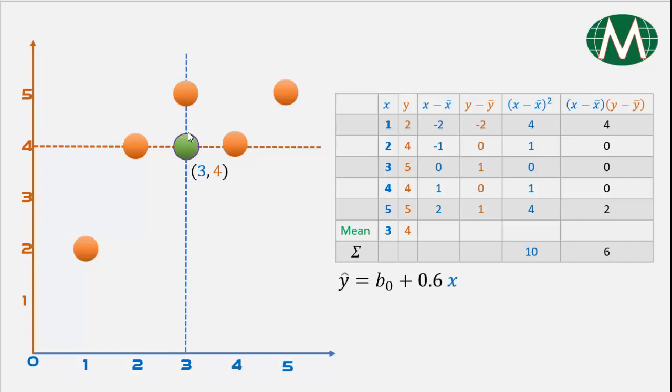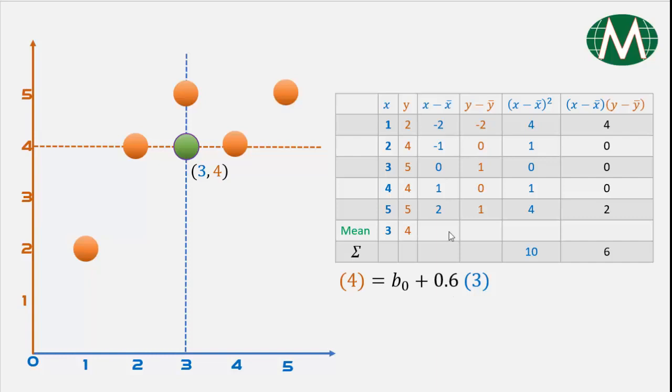As this point lies on the regression line, we can put its coordinates into this equation. The coordinate of this mean point is (3, 4), so we will put 4 in y and 3 in x.